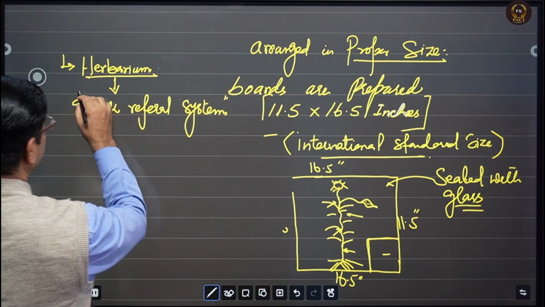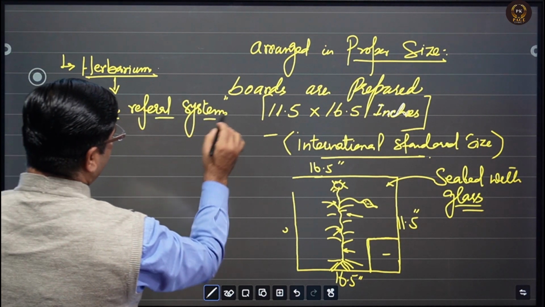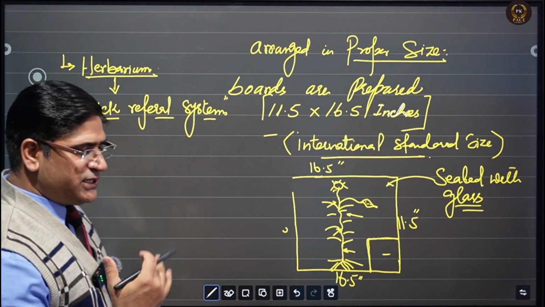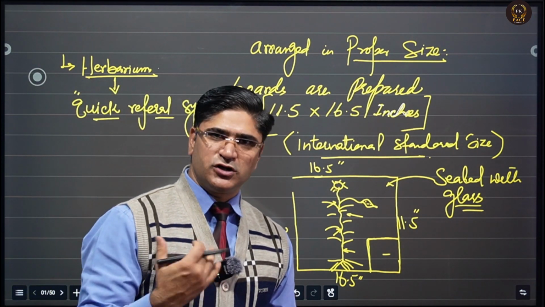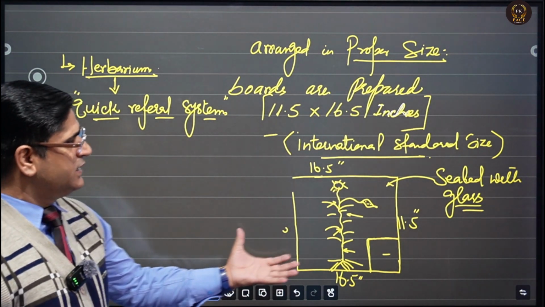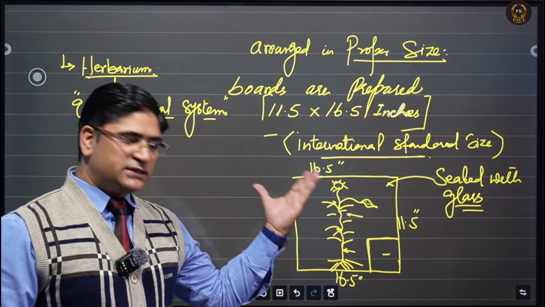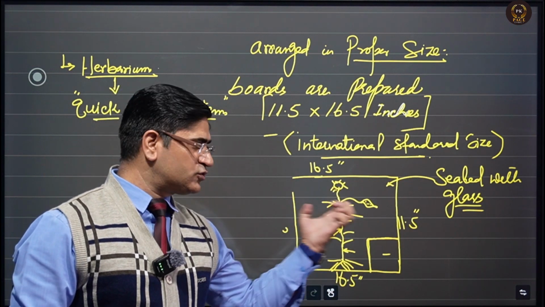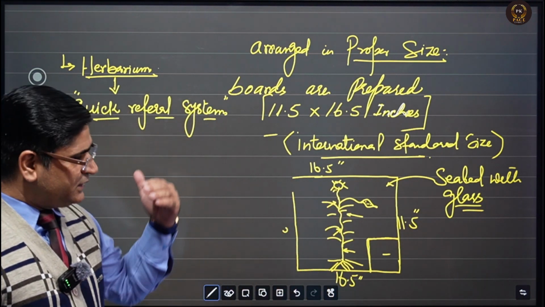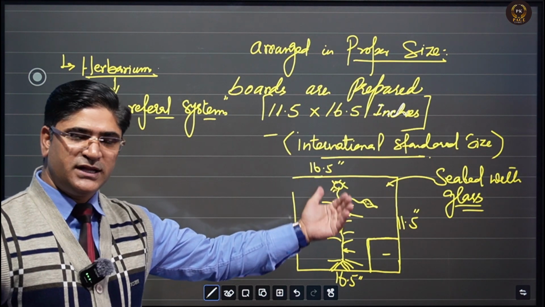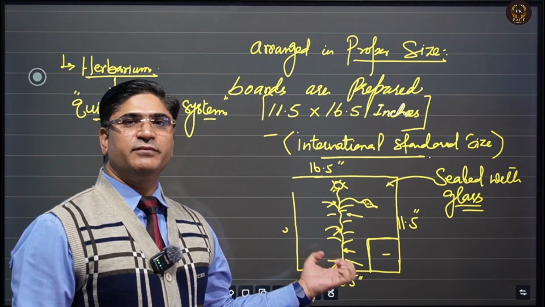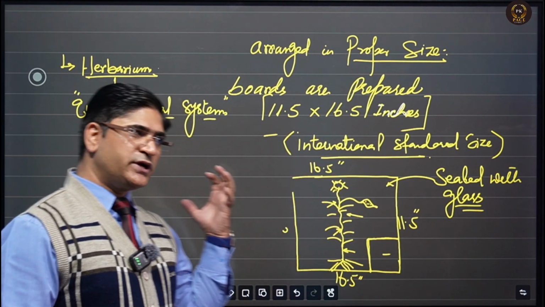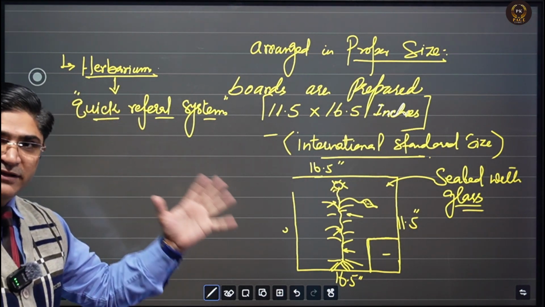Whenever any scientist or researcher wants to do research on the same species, this specimen becomes the quick source of information. The researcher can visit the herbarium and get the basic information about that species.